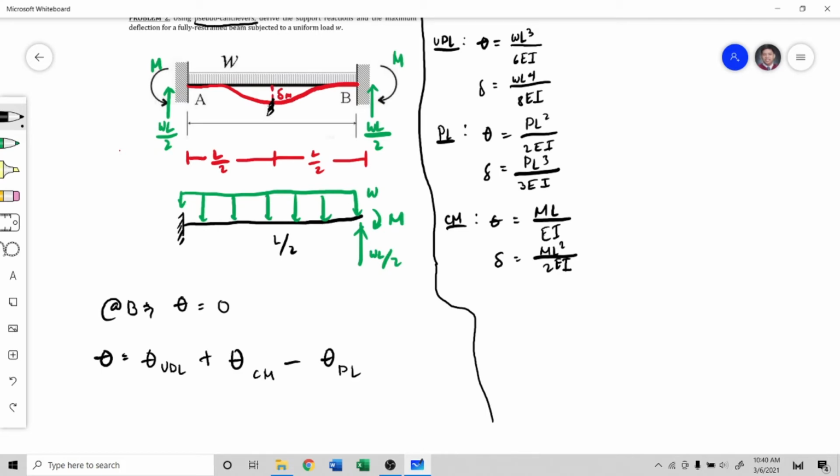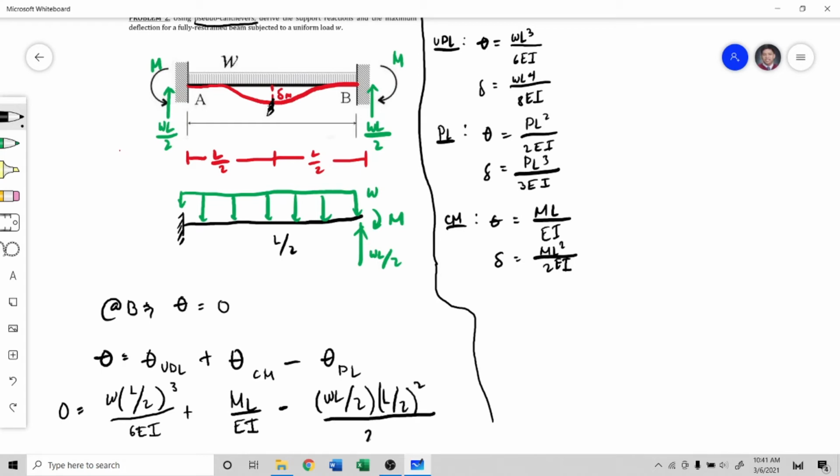So now this should be equal to 0 equals, for UDL, we have omega L cube over 6EI. So that's omega. L natin is L over 2 na lang, cube, over 6EI, plus yung concentrated moment natin, that's ML over EI, copy as is lang yan. And our point load is PL squared over 2EI. So that's omega L over 2 times L squared, or L over 2 squared, over 2 EI.